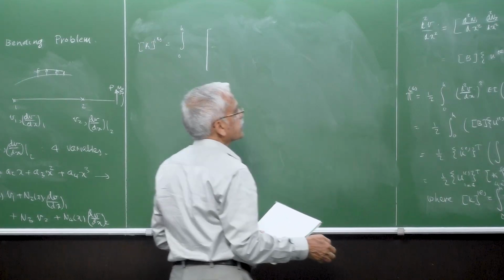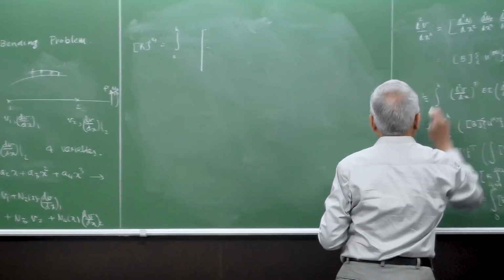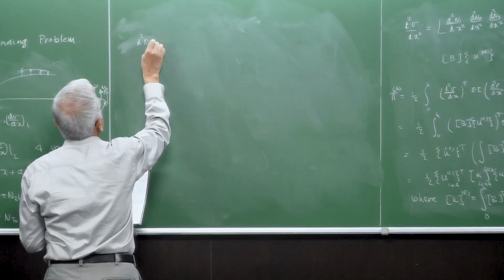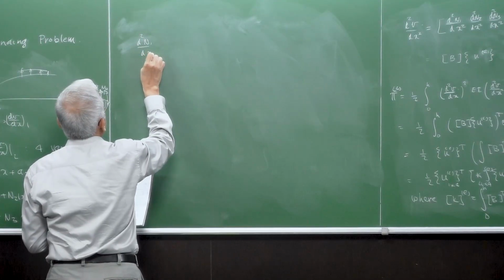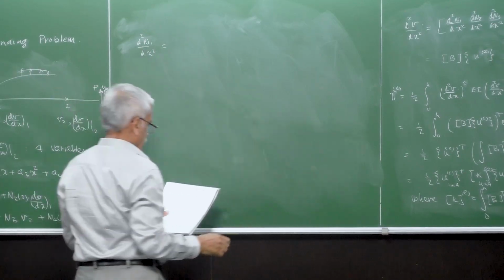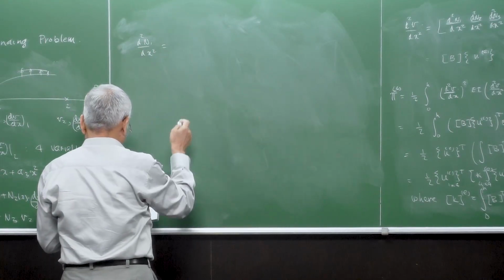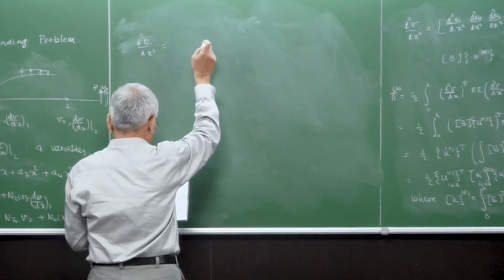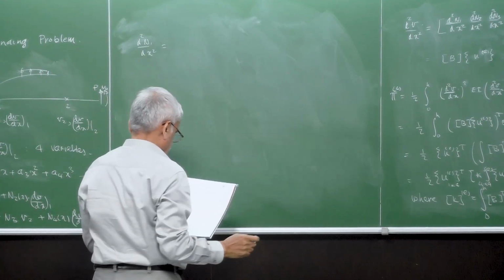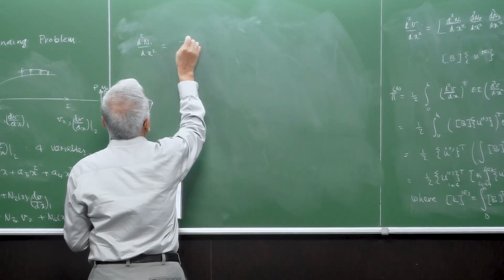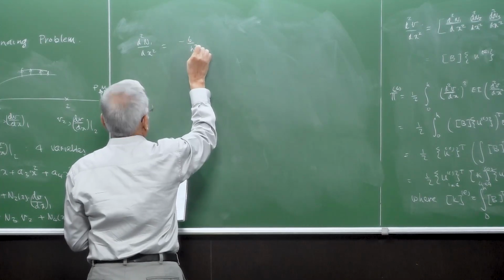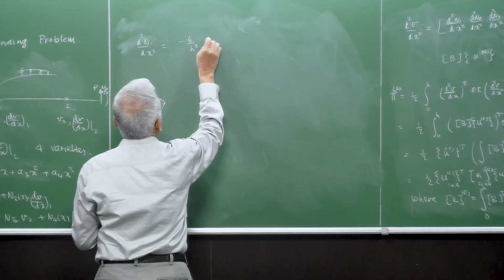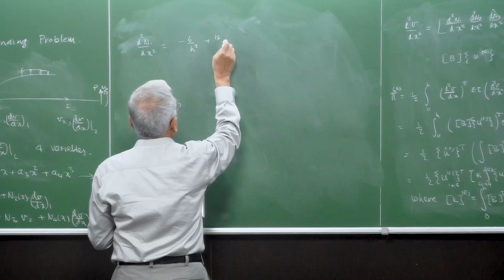B is nothing but the second derivative of N1, N2, N3, N4, that is d square N1 by dx square, where N1 was 1 minus 3x squared by h squared plus 2x cubed by h cubed. So it is minus 6 by h squared plus 12x by h cubed.